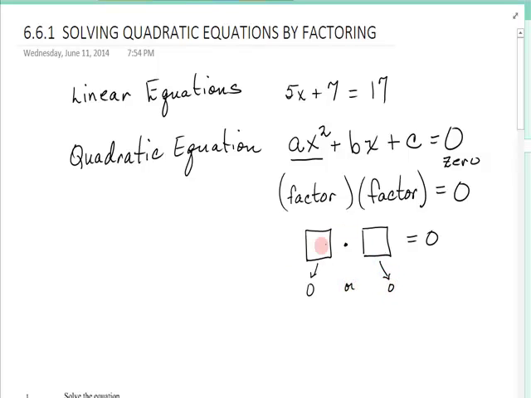Because the only way you can multiply two things and get 0 is if one of them was 0. So this is the zero factor property. And I'll show you how it's used.